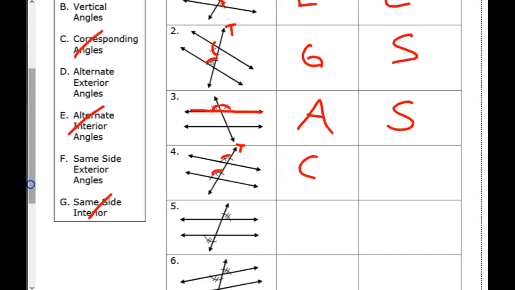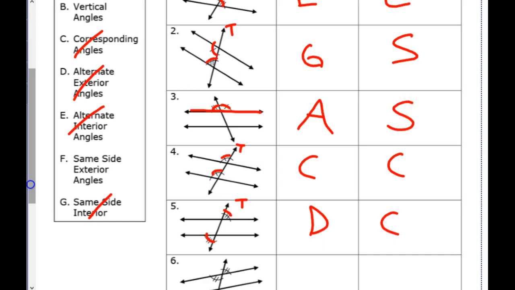And the C rule, corresponding are congruent. Okay, number five, these are on different sides of the transversal, outside the parallels, so that's alternate exterior angles. And alternates are congruent.